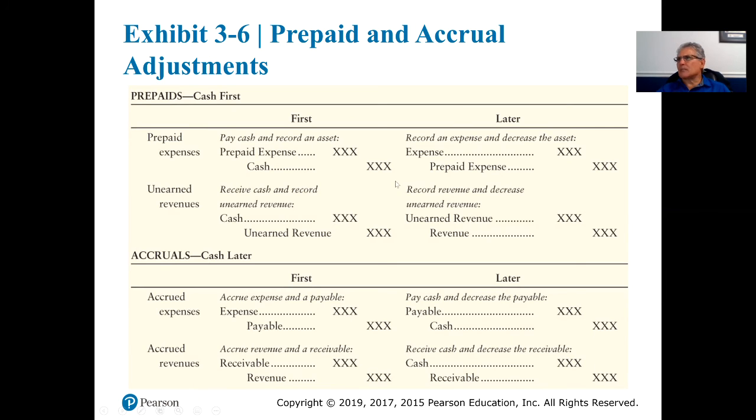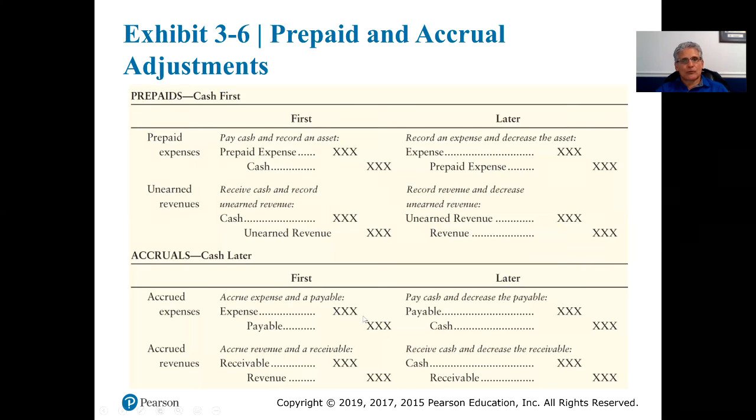Okay, so the next couple of slides, well, this slide shows how the relationships between the accounts will occur. Prepaids are first recognized as a debit and later are reduced and recognized as an expense. Unearned revenues are first recognized as a liability and increased, but then they're reduced, and then we recognize the corresponding revenue. For accruals, expenses are recognized immediately along with the payable.